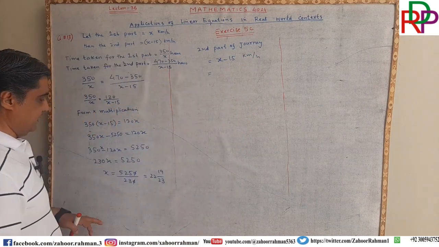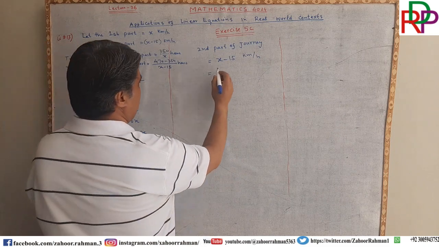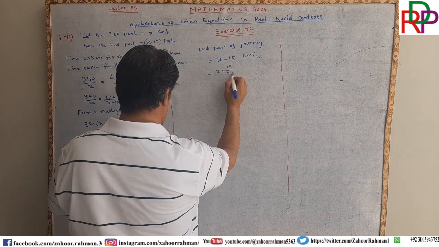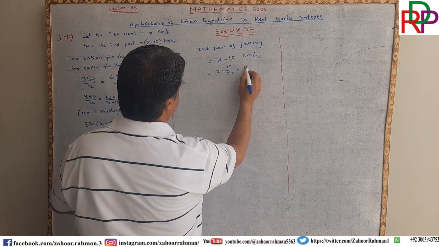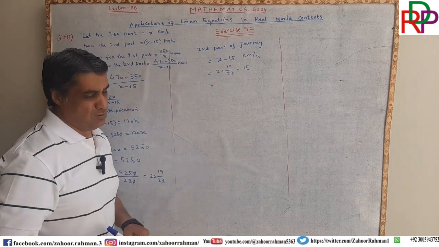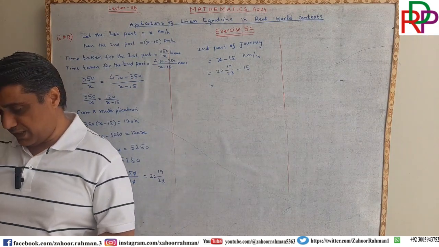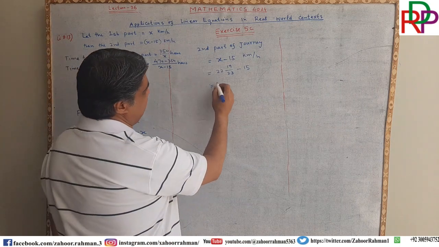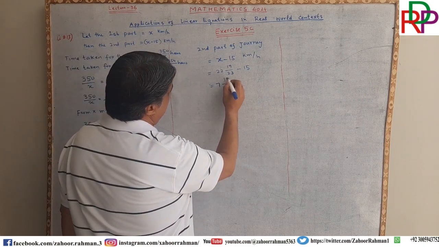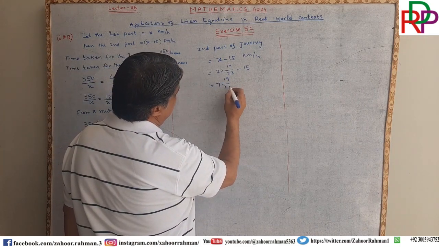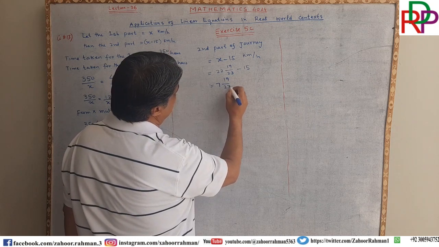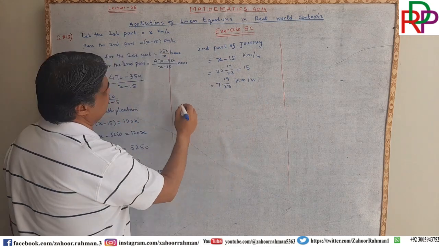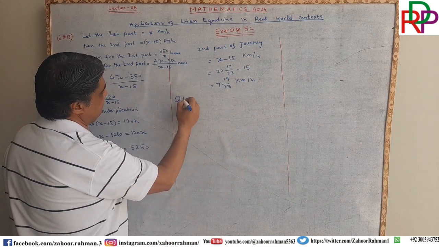So we found the value of this, 22 whole 19 over 23 minus 15, and I calculated it in advance, and they are given 7 whole 19 over 23 kilometer per hour. That is the ultimate answer.